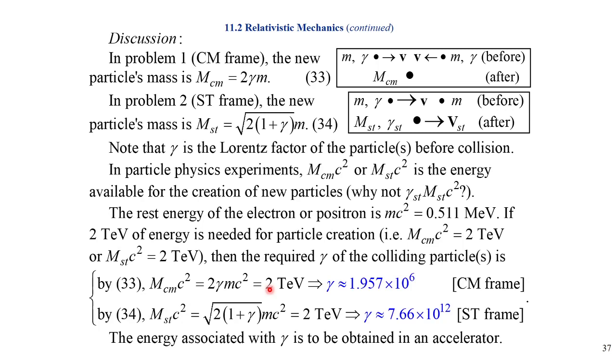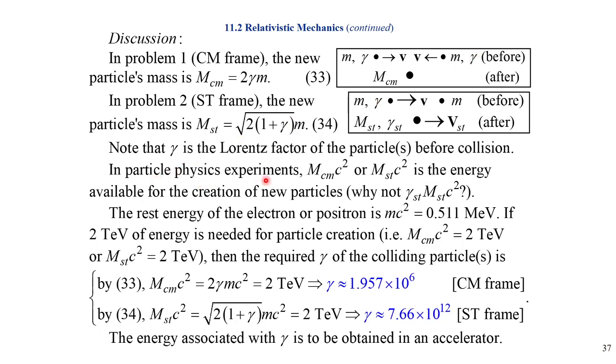In problem 2, the new particle's mass is M_st equals the square root of 2(1 plus gamma) times m. Gamma is the Lorentz factor. Condition 1 is the center of mass frame, condition 2 is the stationary target frame. Gamma is the Lorentz factor of the particles before collisions.